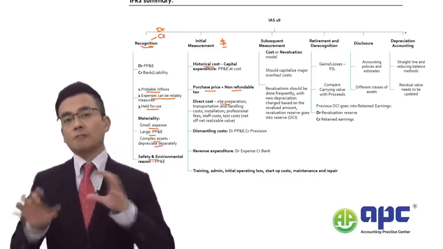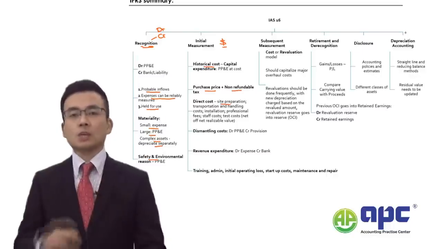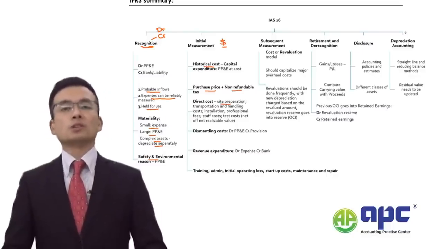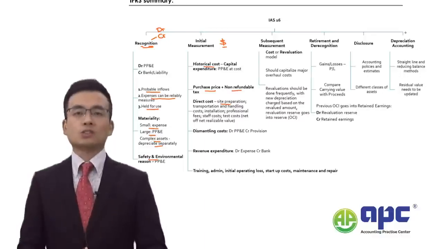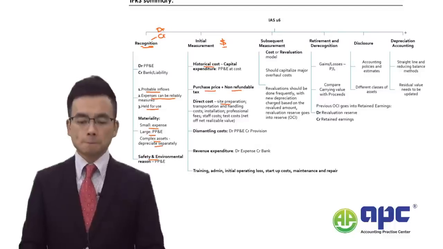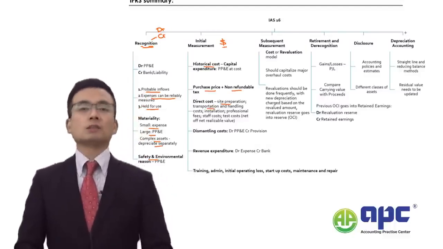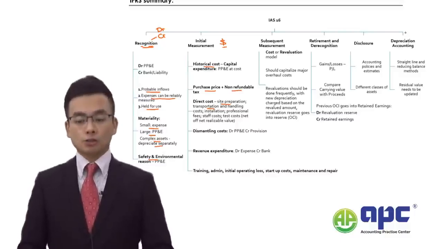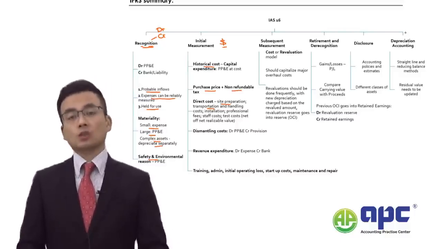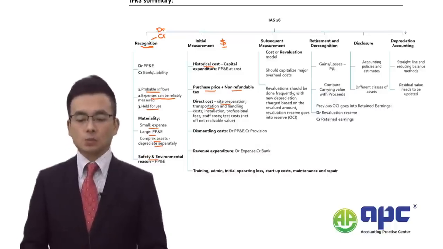For example, we're going to get rid of the existing facility, and we incur $0.2 million there. That site preparation cost needs to be capitalised as part of the PP&E. Then transportation costs in delivering the item from the seller's factory to our factory, which we can also call carriage inwards, need to be capitalised as well.